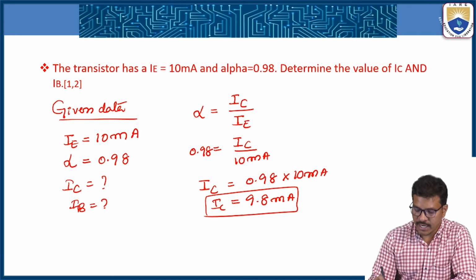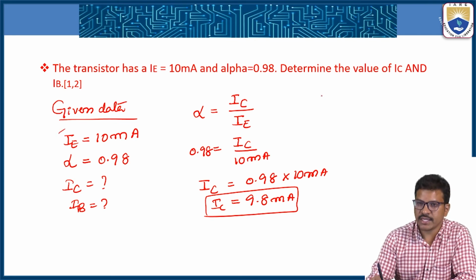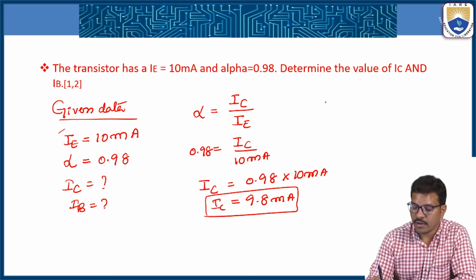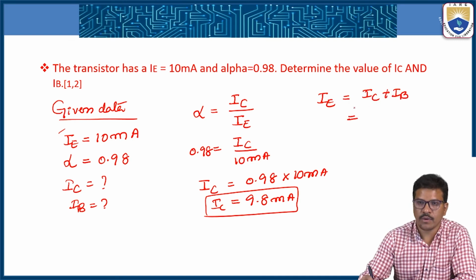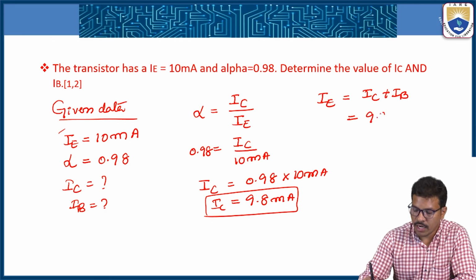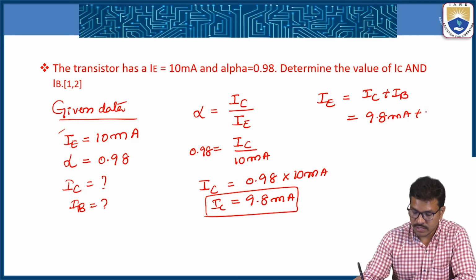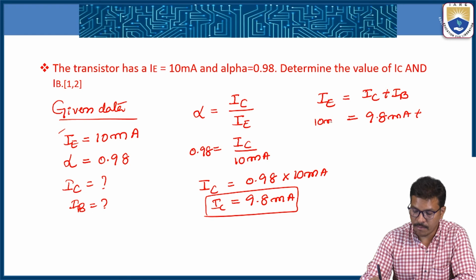Once we get IC and we already have IE, we use the basic relationship from Kirchhoff: the total current flowing in the transistor is equal to the base current leaving plus the collector current leaving. IE is equal to IC plus IB. Two values are known: 9.8 milliampere plus IB, and IE is given as 10 milliampere.